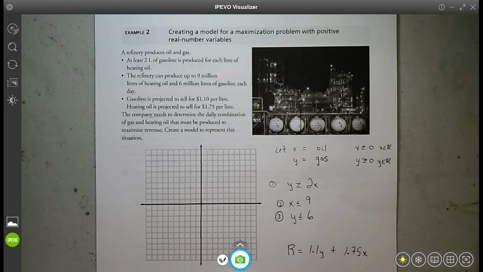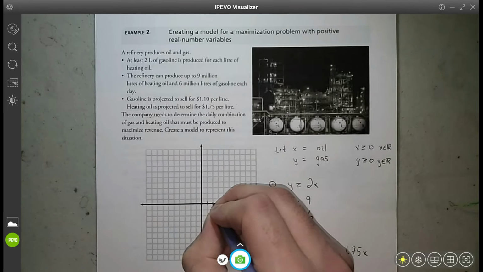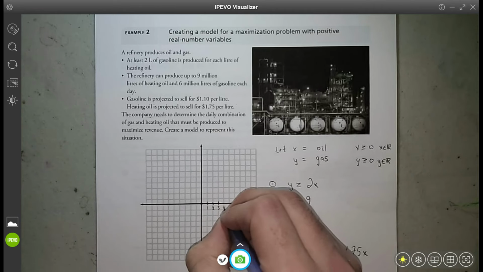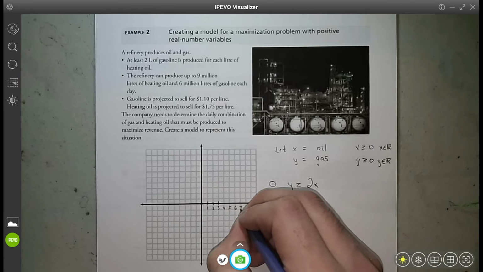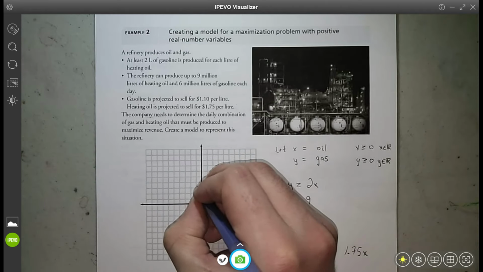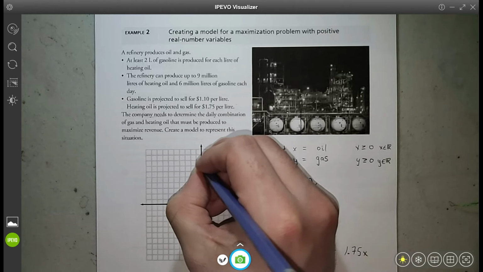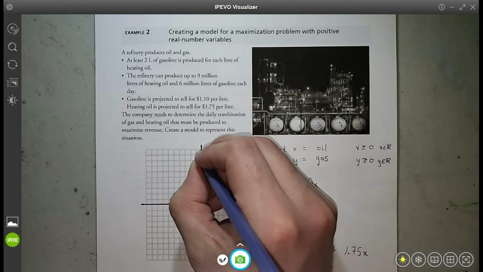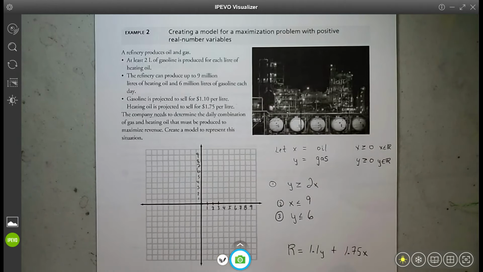So first we're going to graph our 3 different equations. And each square will be 1 million. And we said that X has to be less than or equal to 9.